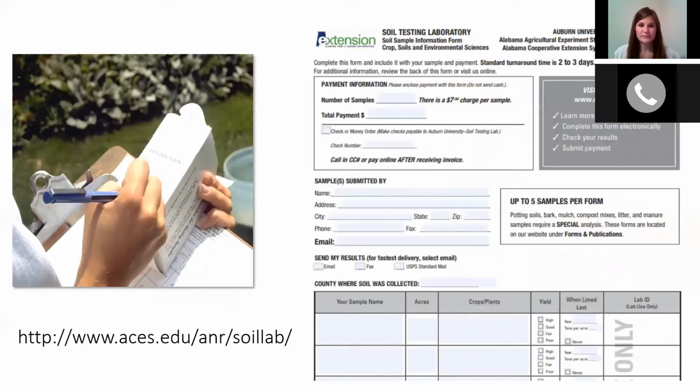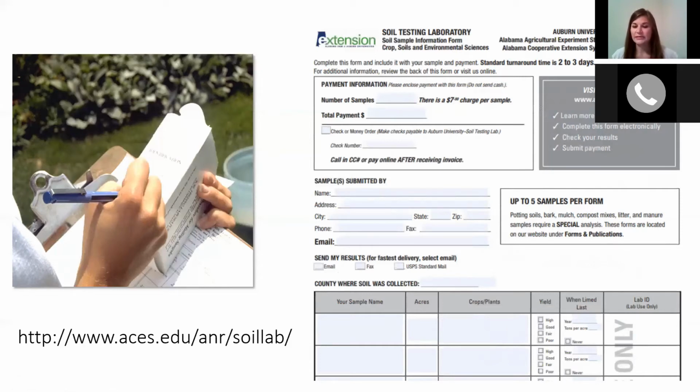So once you have your soil sample, you can put it in a box that's provided by the Auburn Soil Testing Lab. These can be acquired at any of your local extension offices, as well as these soil testing analysis forms. On these forms, we just ask for basic information. You name your own sample, the amount of acres it's representing, and then the crops and plants that will be planted there in the next season.